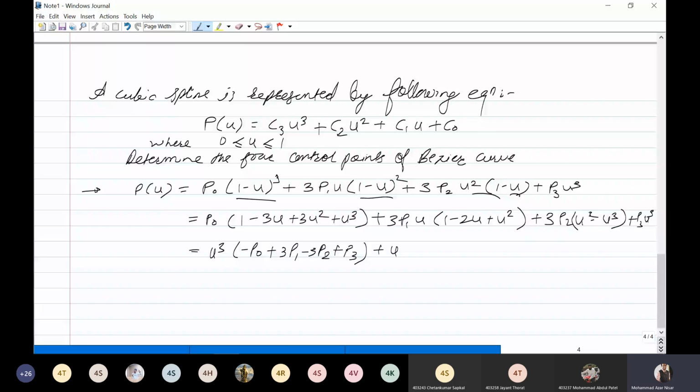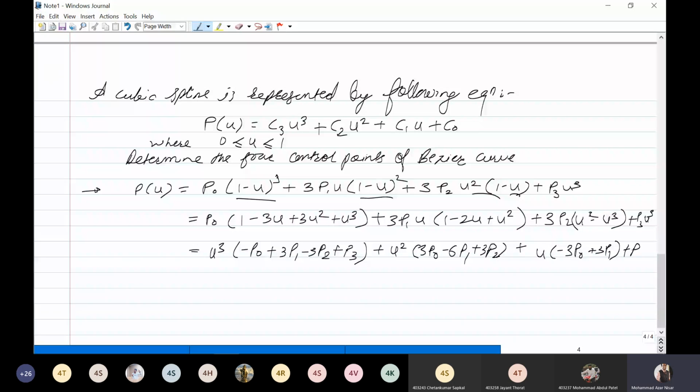In that U square, the common terms are 3P0 minus 6P1 plus 3P2, and for U, minus 3P0 plus 3P1, plus P0.